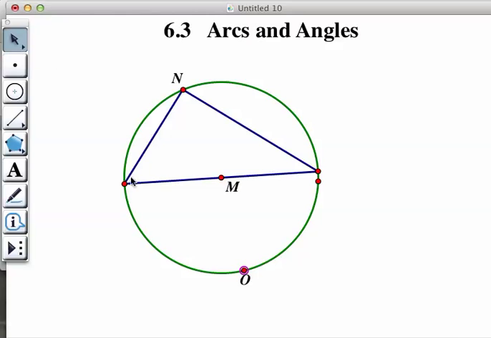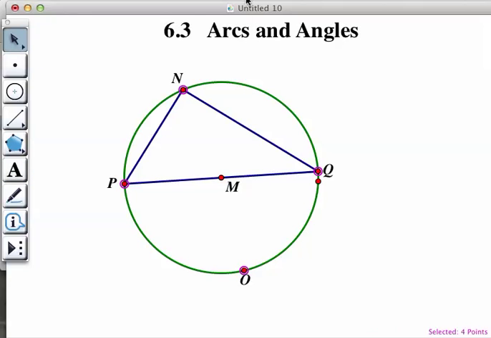I've got arc PNQ, which is a semicircle, and I have arc QOP, which is also a semicircle. Now the inscribed angle PNQ intercepts semicircle QOP.